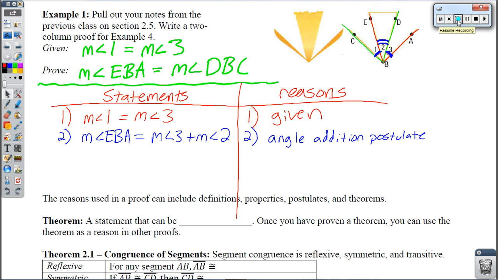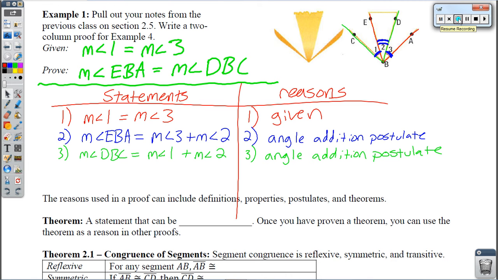We can say that the measure of angle EBA is the sum of the measures of angles 2 and 3. So if we put angles 2 and 3 together, we get the measure of angle EBA. And we can do that because of the angle addition postulate, which just says that if you put two angles together, then the total measure of the combined angle is just the sum of the two individual angles. And we can do the same thing for angle DBC.